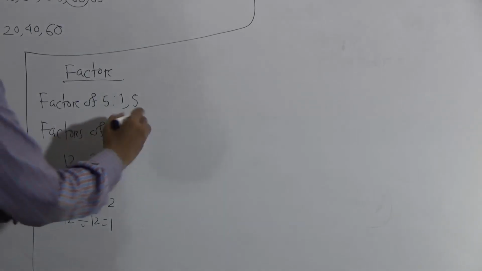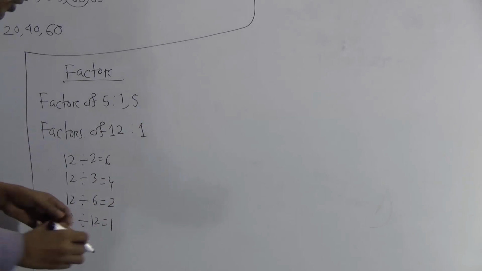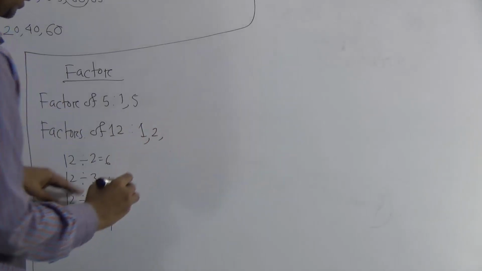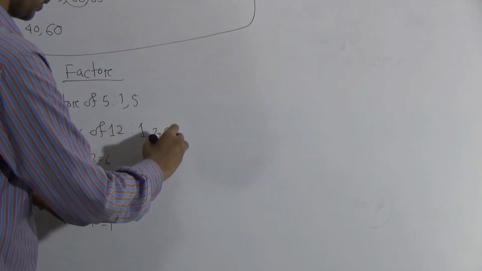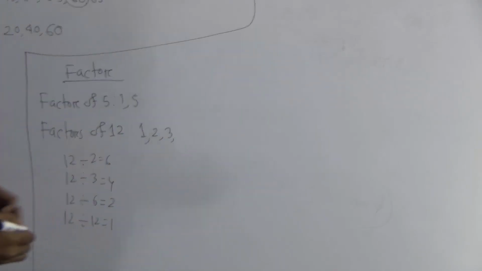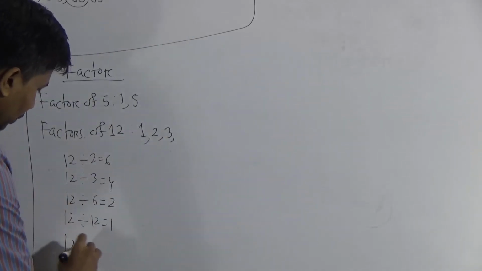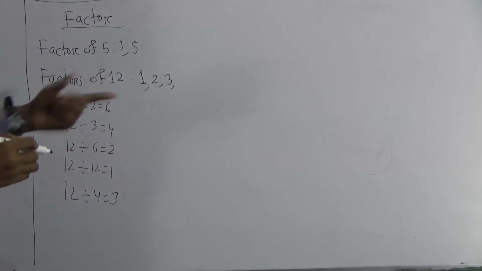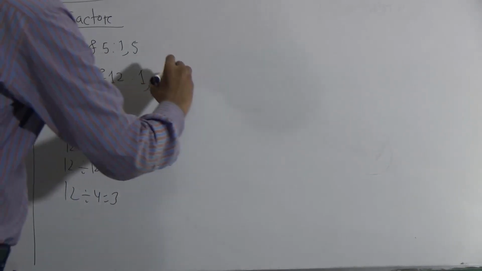Okay. So what are the factors of 12? Look, at first we select 1 because 12 is divisible by 1. Then 2. Then 3. Then 4. Okay, we can divide 12 by 4. You see, 12 divided by 4 equal to what? 3. So 4 is also a factor of 12, right?